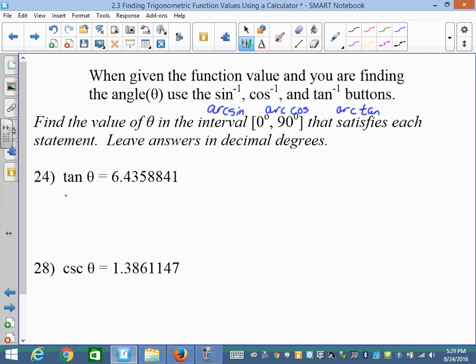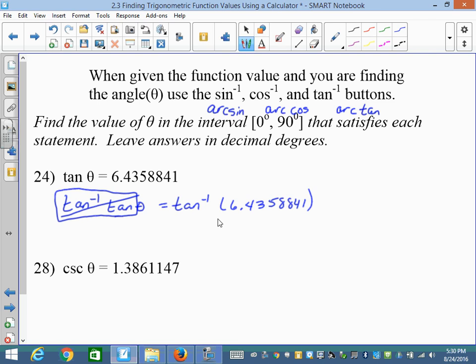So you would write this as the arc tangent of the tangent of theta equals the arc tangent of 6.4358841. And what happens is they're inverse functions, so they cancel each other out, and you get theta equals all of this.